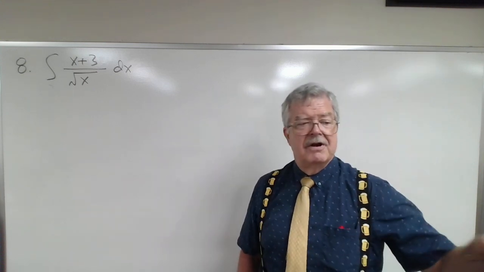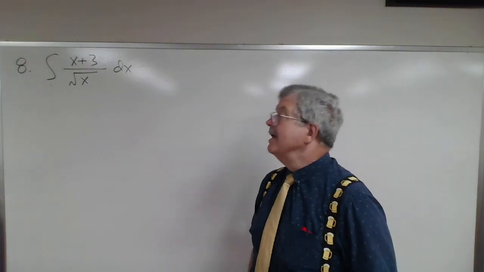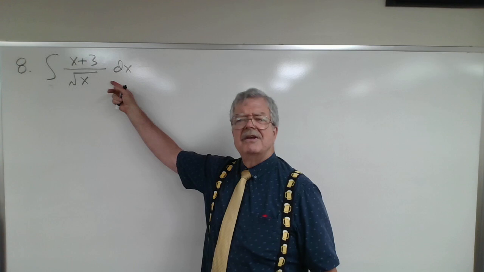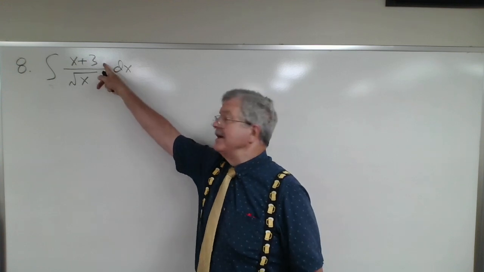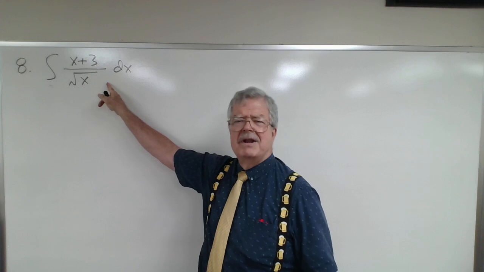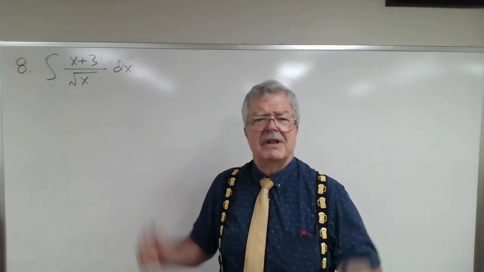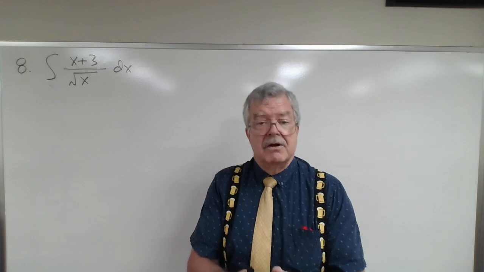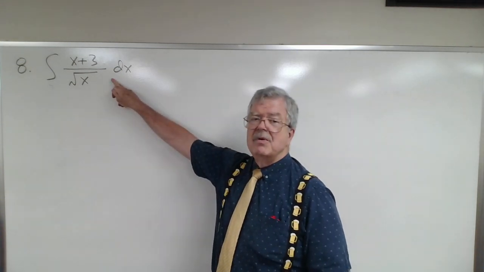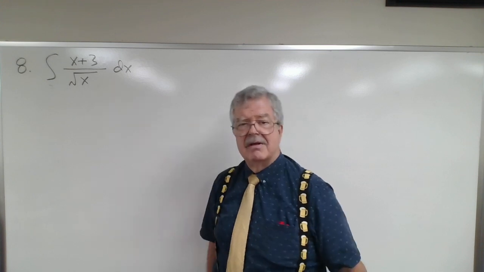They wanted us to learn our lesson, and sometimes we don't learn a lesson unless it hurts. They wanted us to try to use some sort of quotient rule on this, or compute the antiderivative of the numerator and the antiderivative of the denominator and put one over the other and get the wrong answer. And they wanted us to get really mad about it so that we'd learn once and for all time that there is no quotient rule for antiderivatives.